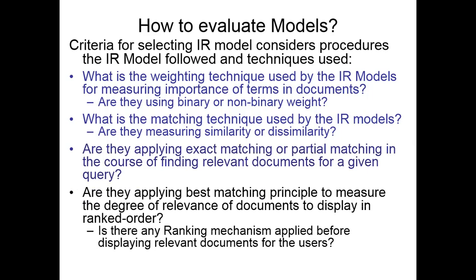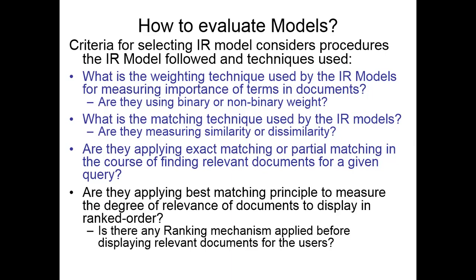If there is partial matching, there should be best matching. Best matching means sorting the relevant documents identified by partial matching in terms of their similarity score with the query, because all documents are not registering equal similarity scores with the query.